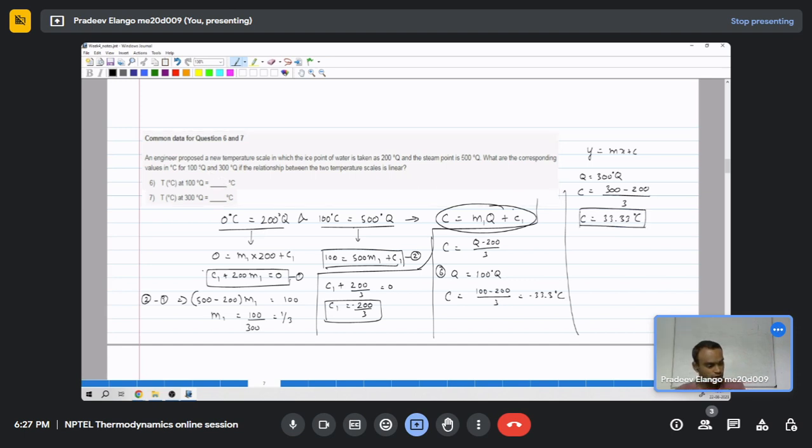So here it will be minus 33.3 degrees Celsius, and here positive 33.3 degrees Celsius.